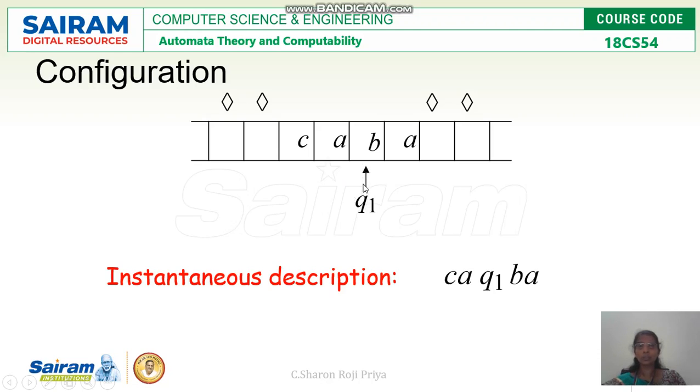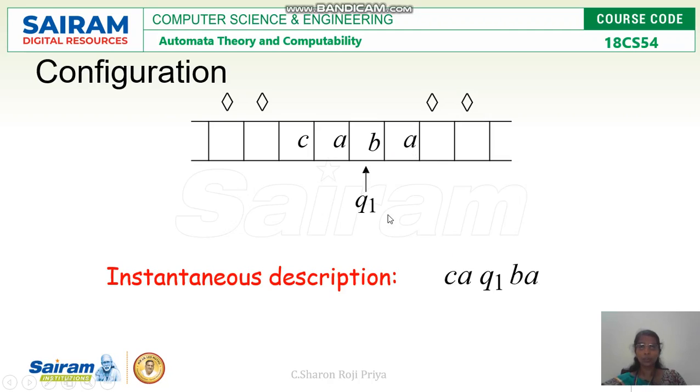You pick and write the symbols that are present before your read write head. Before your read write head, you have C and A. So first you write CA, then write the current state, Q1, and then write the symbol pointed to by your read write head and the following symbols. So it will be BA.